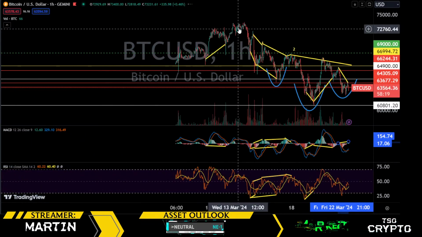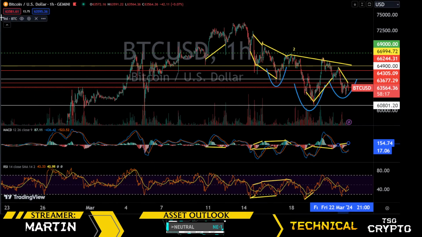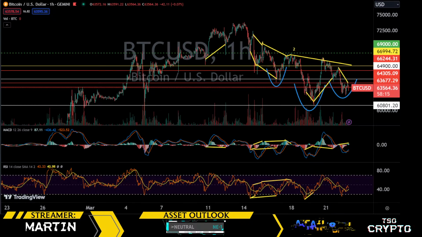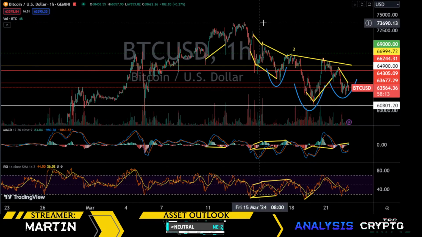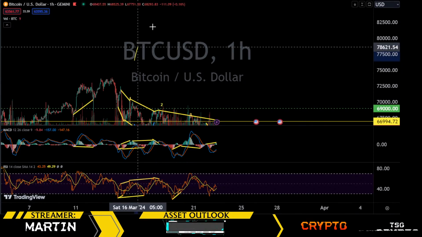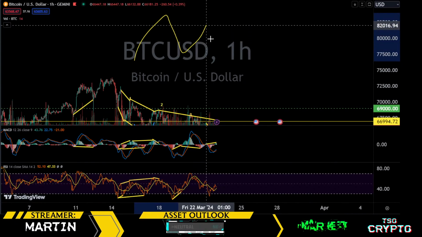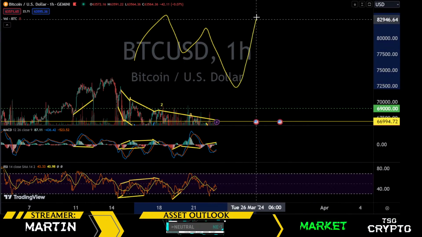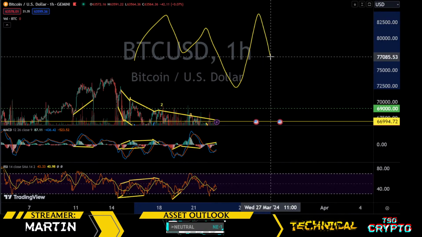Now, you don't always develop 3 fallen peaks when you're doing an inverse head and shoulders, okay? Just for you guys to know. It just so happens that we're doing both right now. For argument's sake, you're moving up to your peak, then you have your second peak, and then you could go higher, drop here, and then go up.